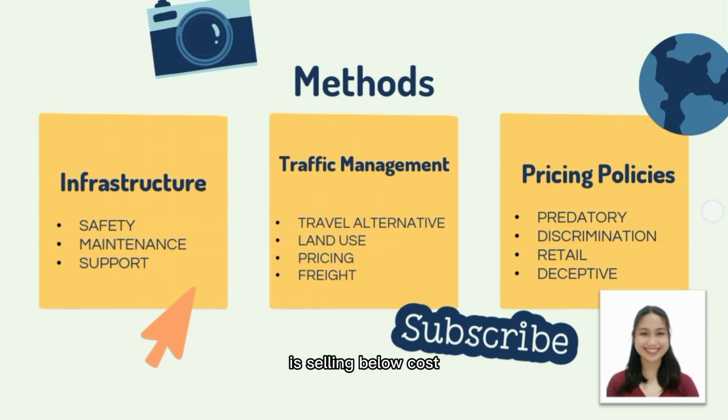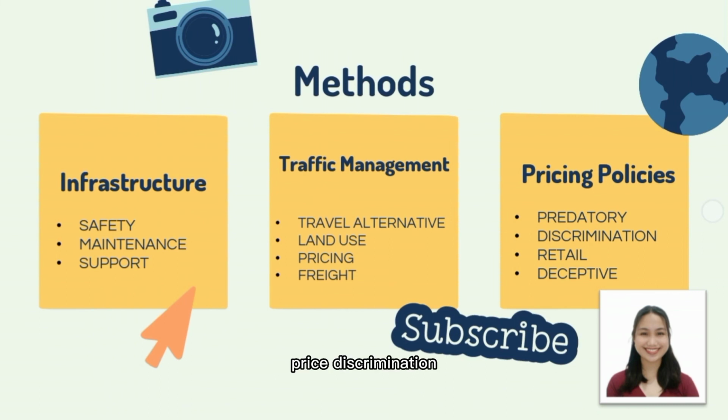Predatory pricing is selling below cost to drive out competitors. It is a strategy mostly used by private companies to eliminate their competitors. They use lower prices to gain more customers and intimidate their competitors.